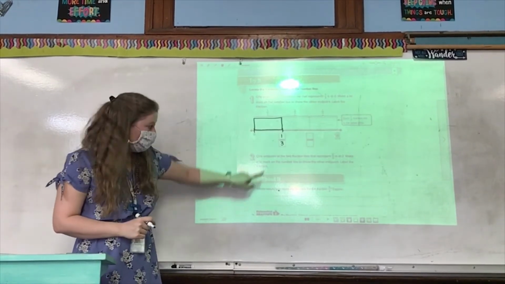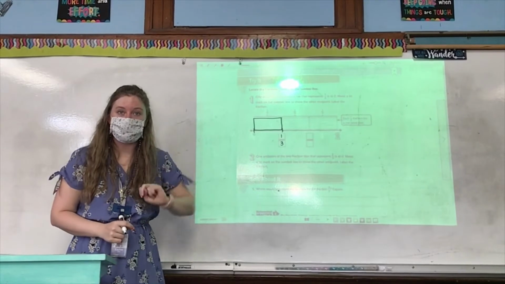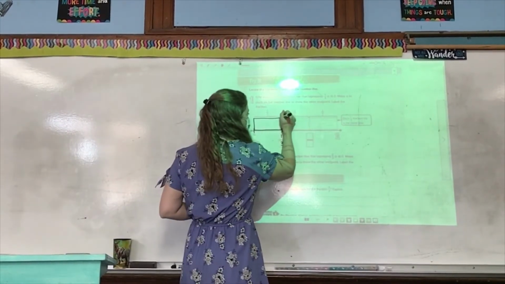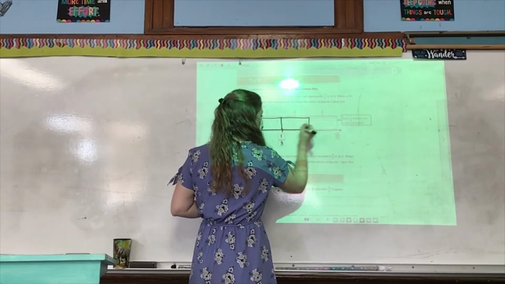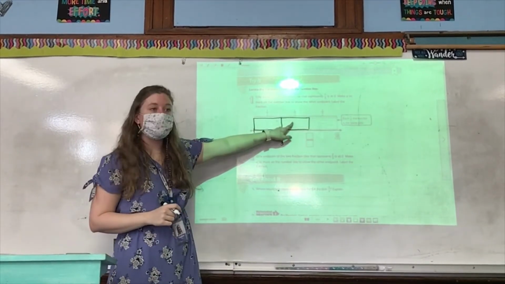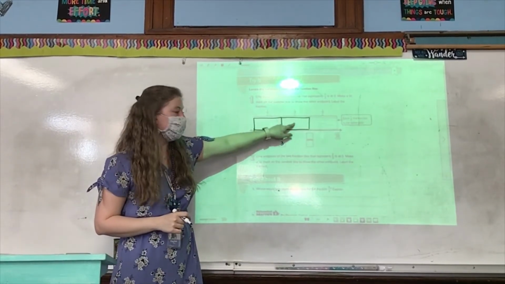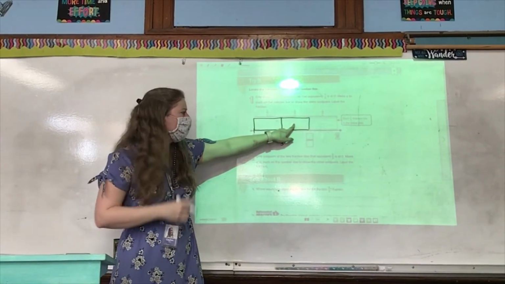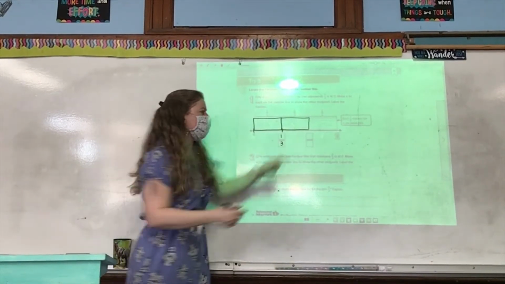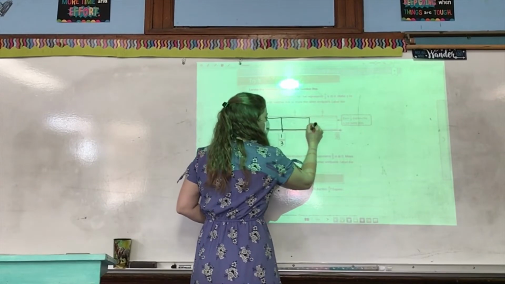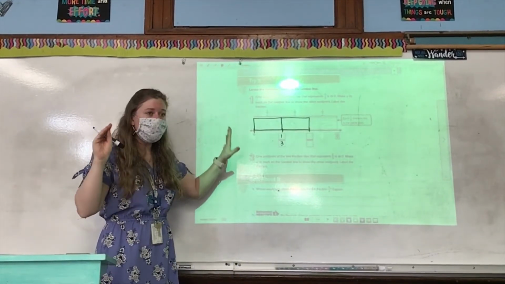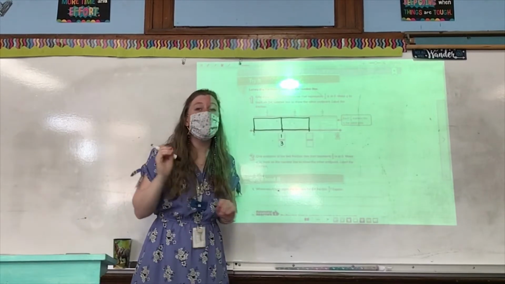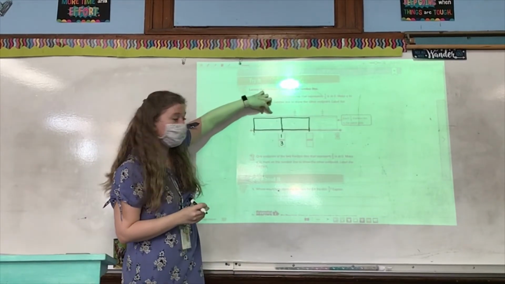Now, we need to trace a second fraction tile. We just traced a second 1/3 fraction tile. Then we're going to put our tick mark at the end of the fraction tile when we label the number line, not the fraction tiles.